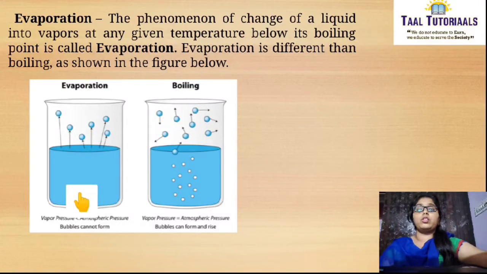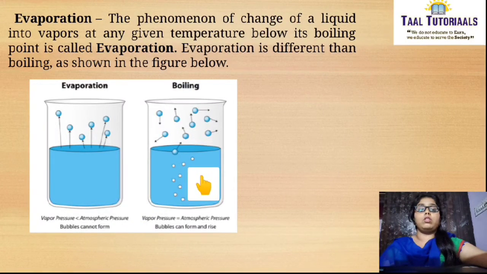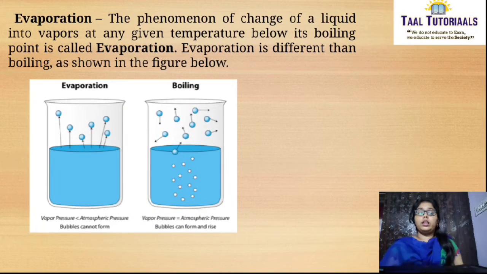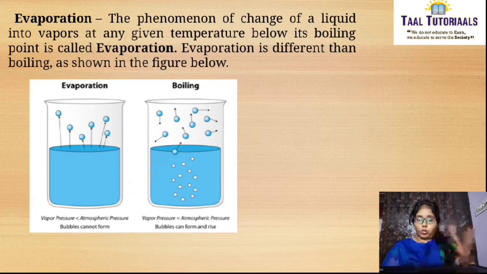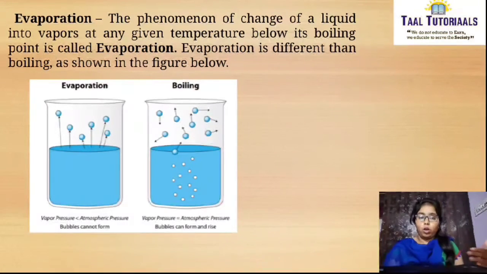See, in evaporation the vapor pressure is lesser than the atmospheric pressure, so bubbles cannot be formed here. In boiling, vapor pressure is equal to atmospheric pressure and bubbles can form and rise. This is about evaporation and boiling. So, overall, what is evaporation? The phenomenon of change of liquid into vapors at any given temperature below its boiling point is called evaporation.